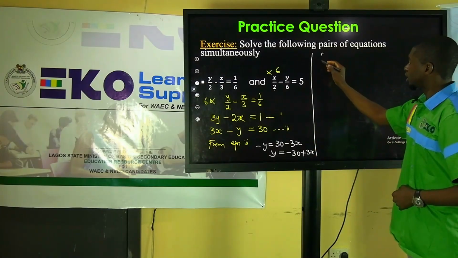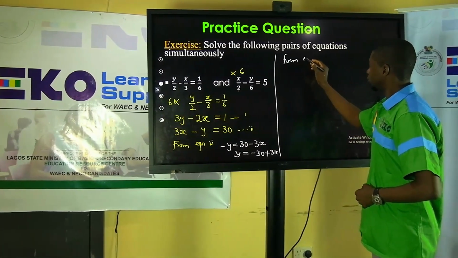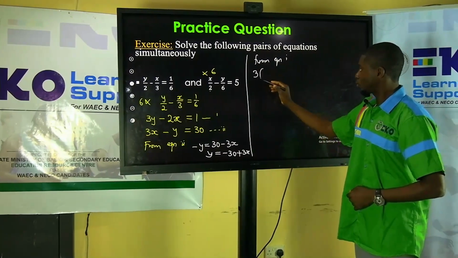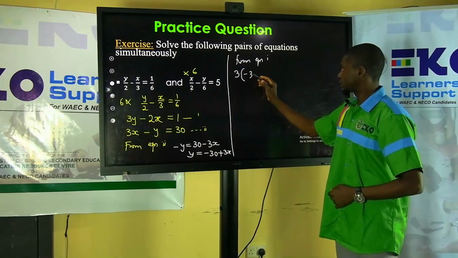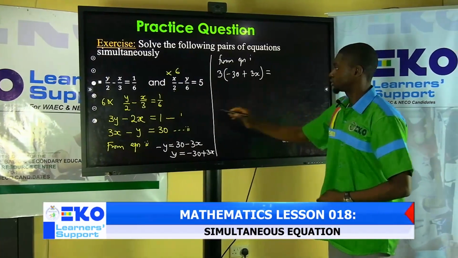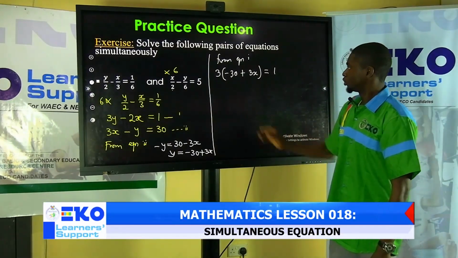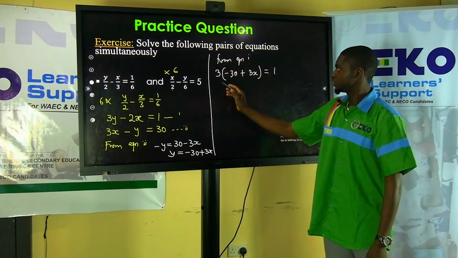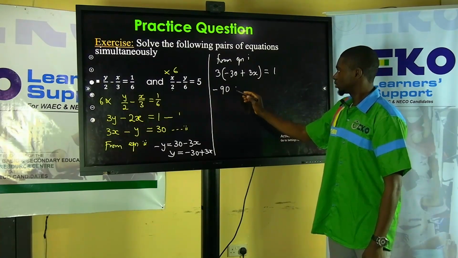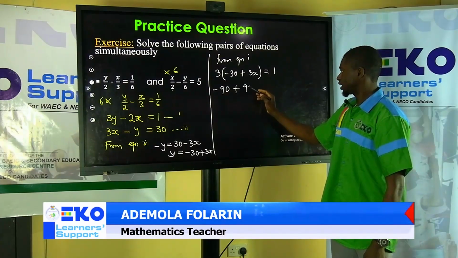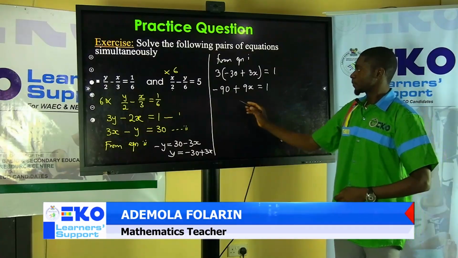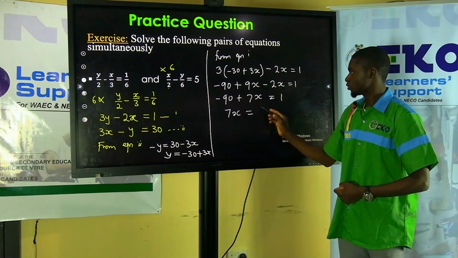So from equation 1, it becomes 3 open bracket negative 30 plus 3x close bracket equals 1. So we open the bracket completely. That gives us negative 90 plus 9x equals 1. Collect like terms, 9x equals 1.